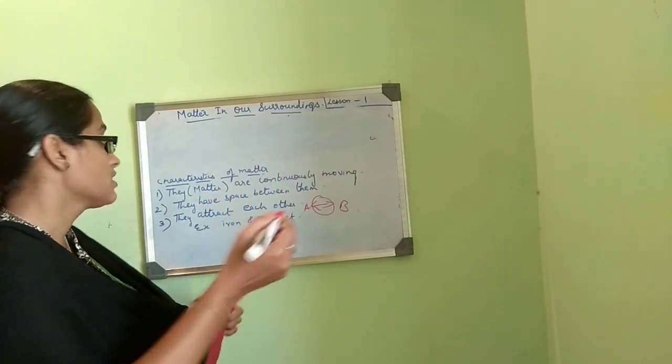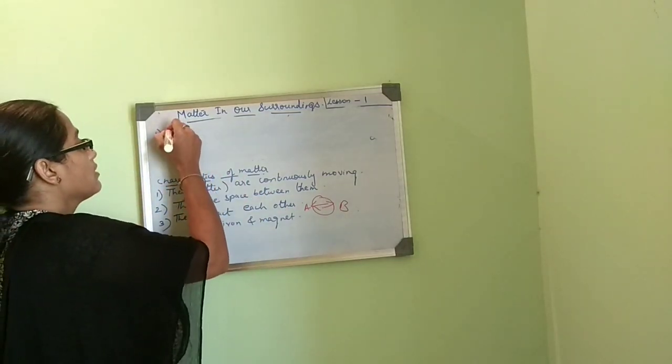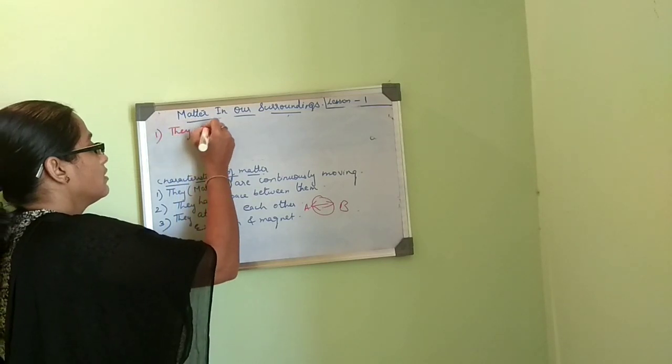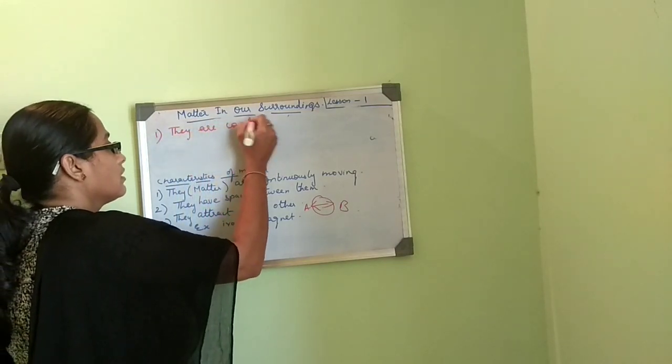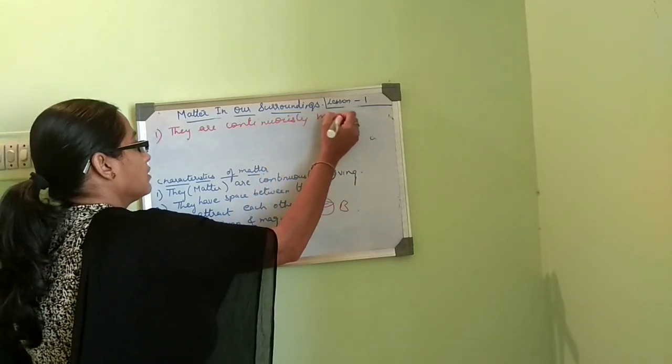So let's write the first characteristic. We already have seen that they are continuously moving.